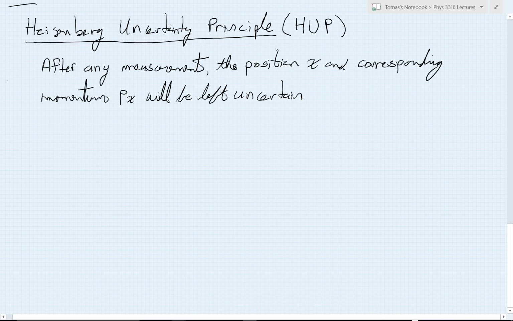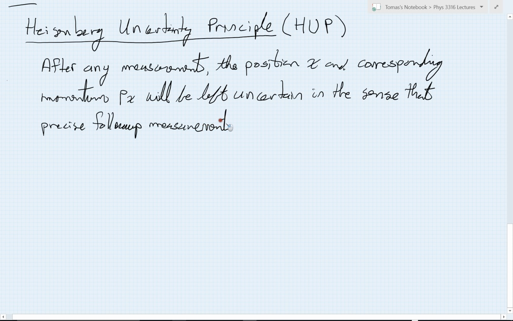And now I'm going to specify precisely the sense of that uncertainty. They will be left uncertain in the sense that precise follow-up measurements. So we're going to measure something like the position of the particle, but then we're going to do a precise follow-up measurement. And I should specify precise immediate, because this is fundamental.